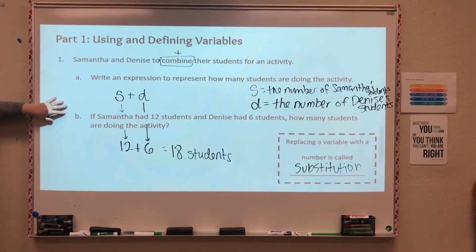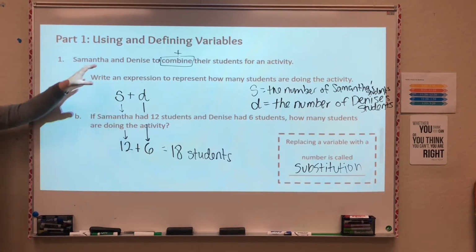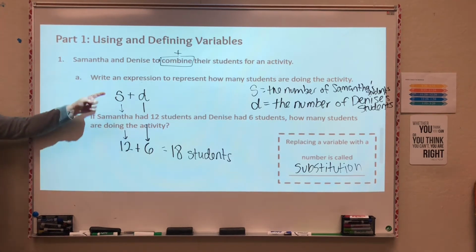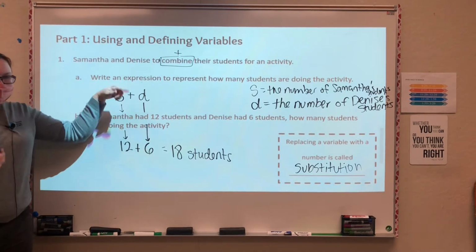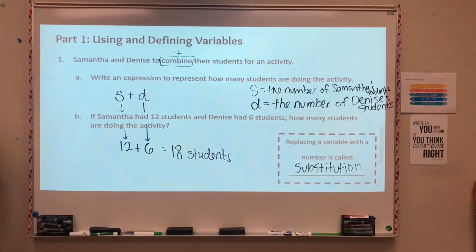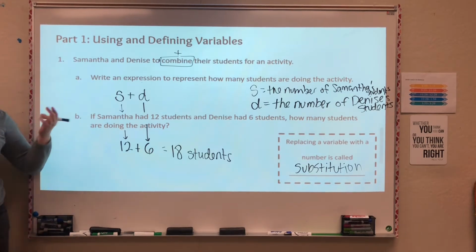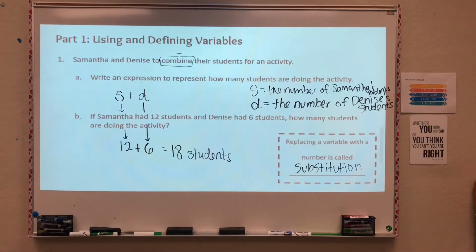What I want to see from you is this idea of using this expression to show your work here. So if you use the expression s plus d, somewhere show me I'm replacing the s and the d with these numbers to find my answer. What we're doing today, by the way, using variables to represent stuff, this is like the foundation for algebra. So this is going to be a skill we keep working on until you guys are done with me. But it's exciting. It means we're starting to get to some of the algebra stuff.